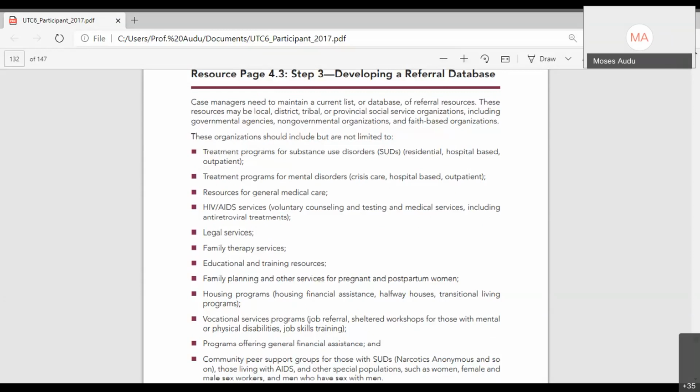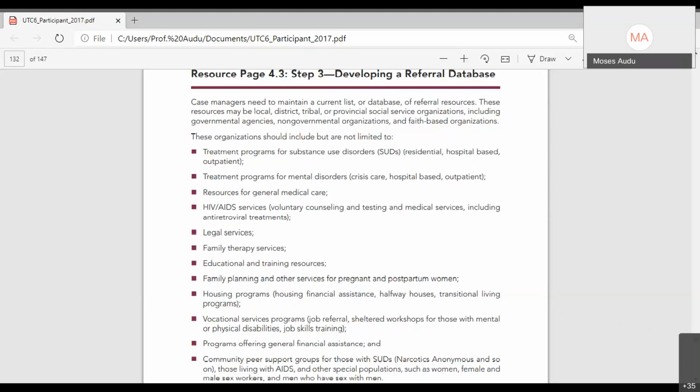HIV/AIDS is something that, for those of us in treatment centers, we get very often. And as I said, in my environment, interestingly, it is those who are alcohol dependent that have HIV/AIDS, not even those who inject drugs. So this is our own local experience. Then legal services, yes.